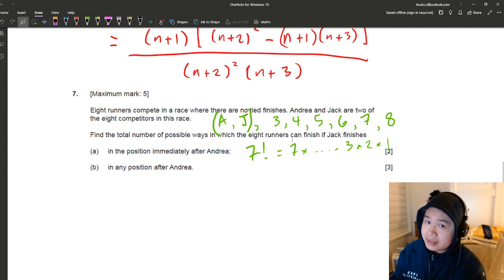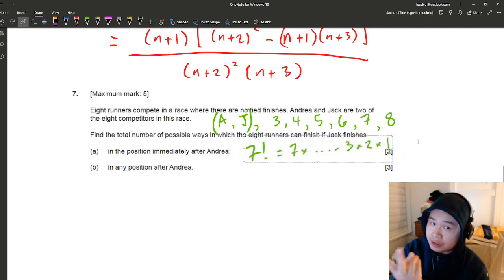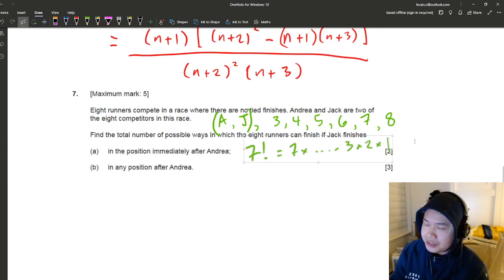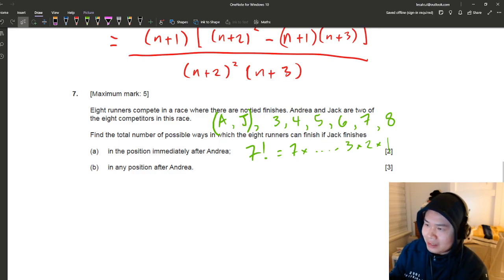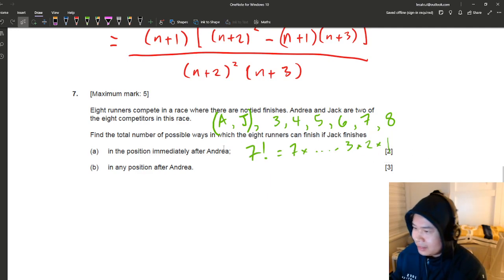And if that's the case, it doesn't work with running, but let's say you're putting books on a shelf, or these are 8 people that need to sit on a bench. If Andrea and Jack need to sit together, then you need to take this and times it by 2, because there are 2 arrangements of Andrea and Jack. In this specific one, Jack is always after Andrea, but in a different question, Jack could have come before her and they're still together. So you'd have to multiply this by 2, the arrangements of their group. But nevertheless, that's not the thing, so whatever.